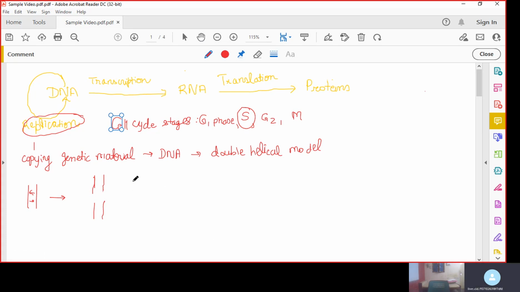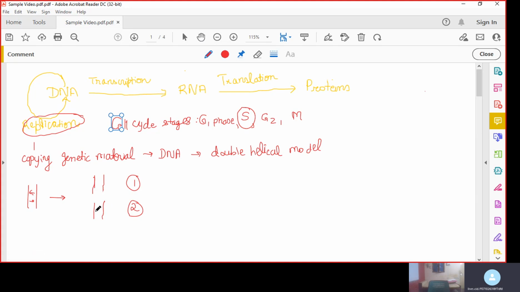You can see this is one molecule of DNA, this is another molecule of DNA. The two strands were complementary to each other, they separated and both became template strands, one template strand and a second template strand, and we get a newly synthesized DNA 1 and a newly synthesized DNA 2. So this was the basic definition.